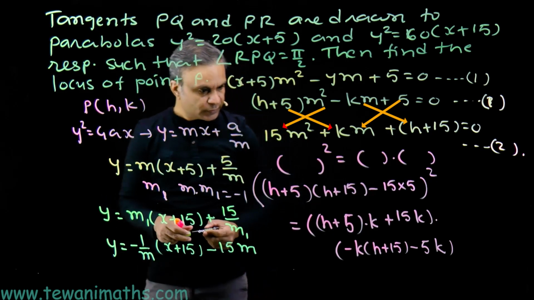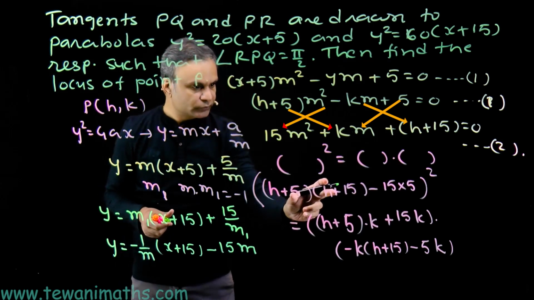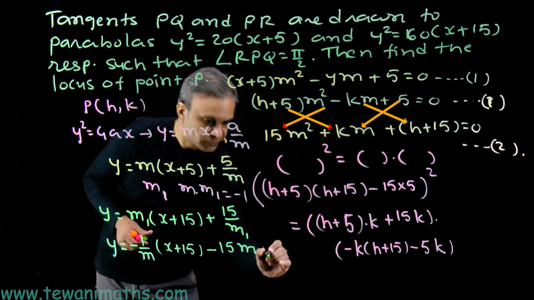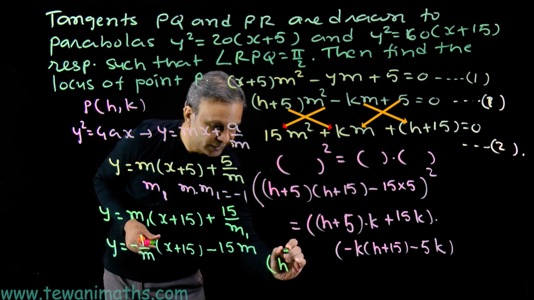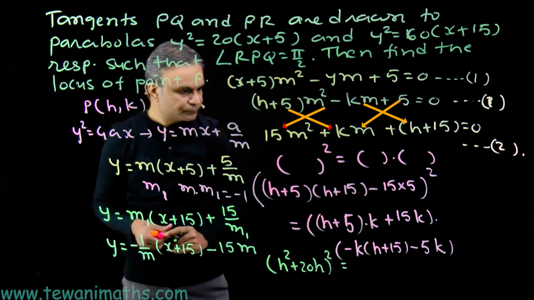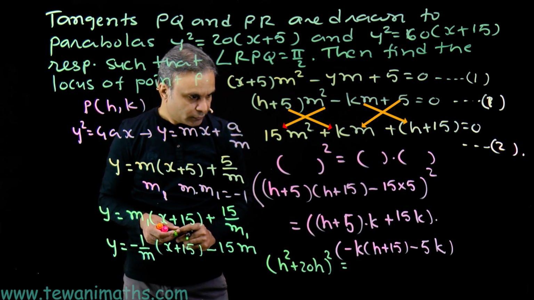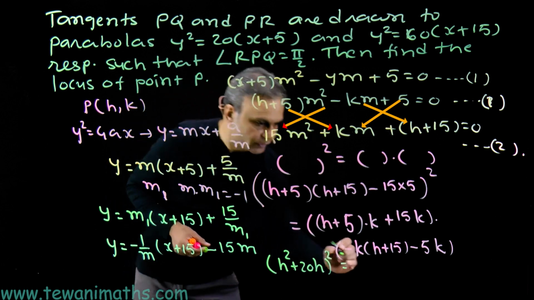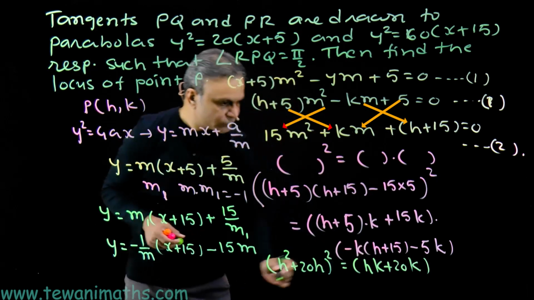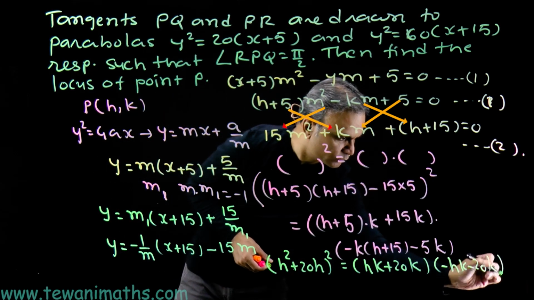Now we simplify this. We will have h square plus 20h, as 15 into 5 gets cancelled out. The square of this is equal to hk plus 20k, and this will be minus hk minus 20k.